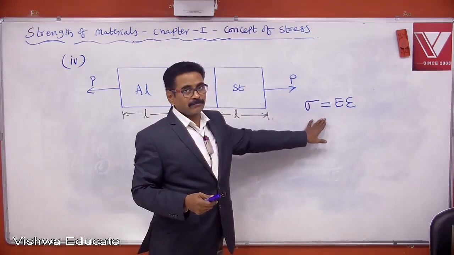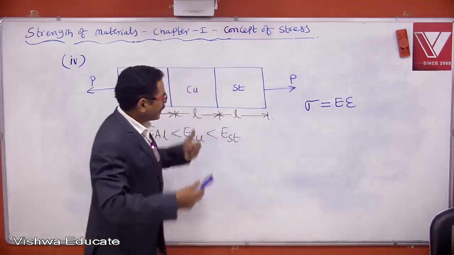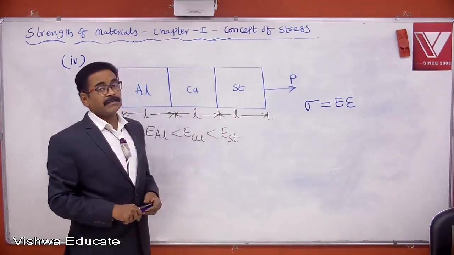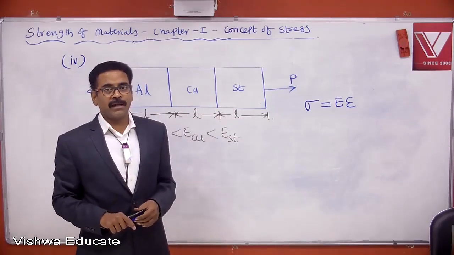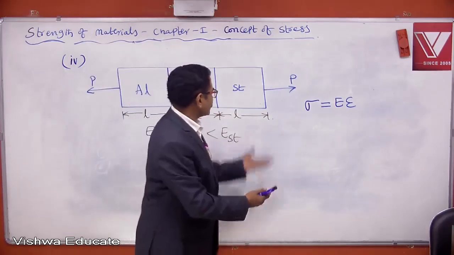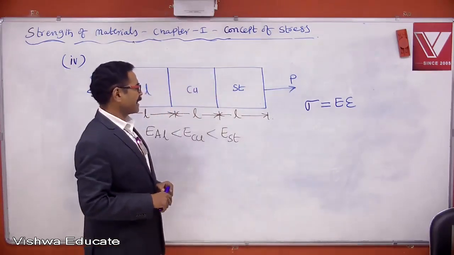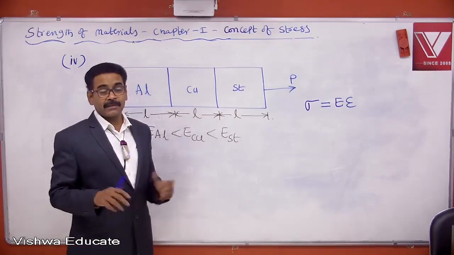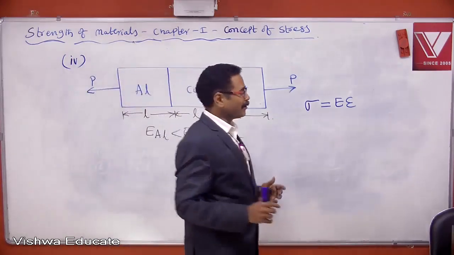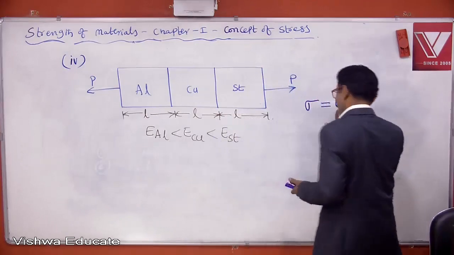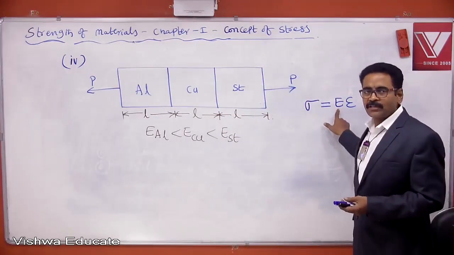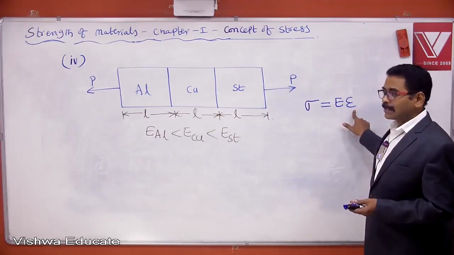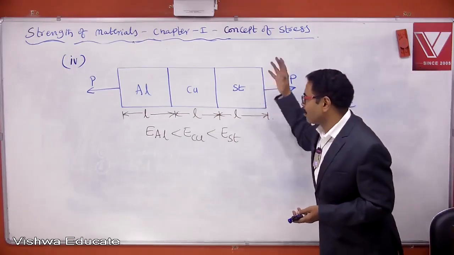They think, since Young's modulus of steel is highest, stress will be highest in steel. Is it so? Definitely not. Of course, Young's modulus for steel is more. But what is strain? In what section strain will be lowest?